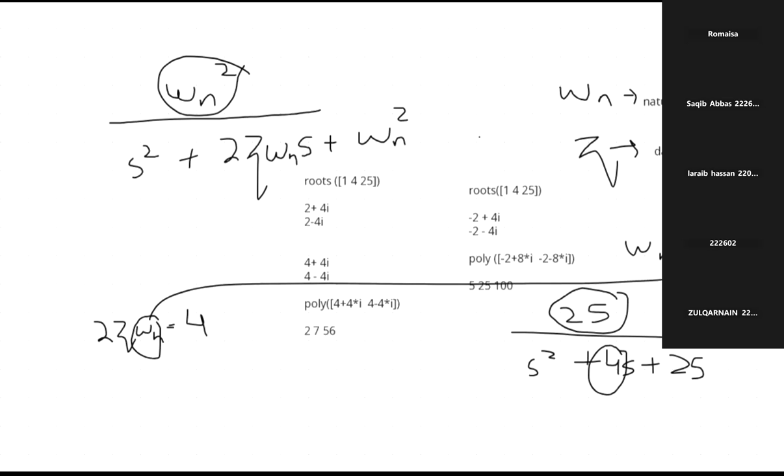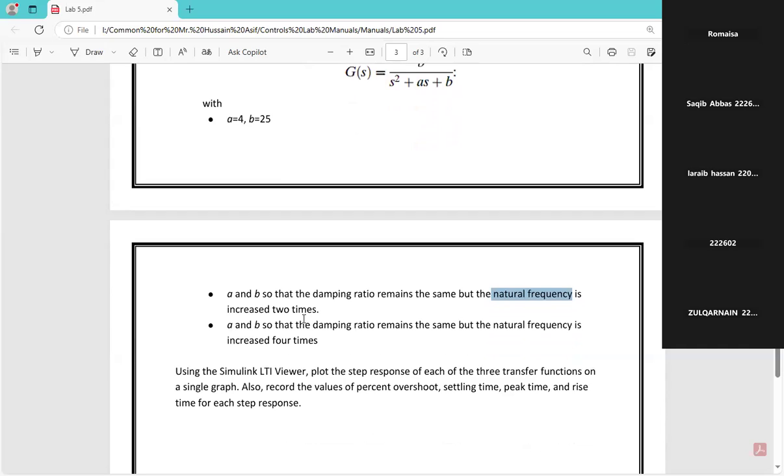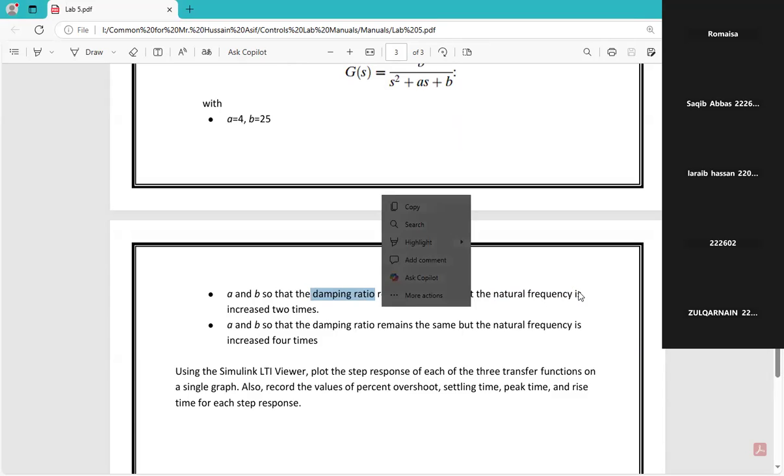Now you are going to replace the values so that the damping ratio, that is zeta, remains the same, but natural frequency is doubled, and then A and B are changed so that the damping ratio remains the same, but natural frequency omega n is increased 4 times. Is this clear to all?